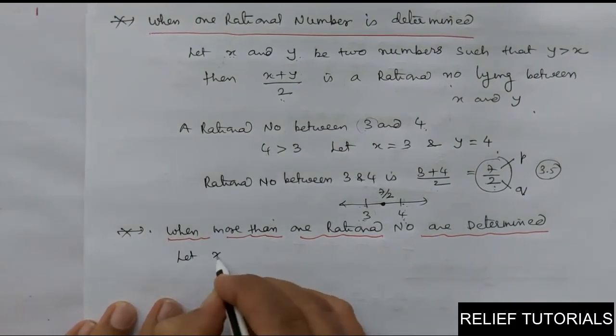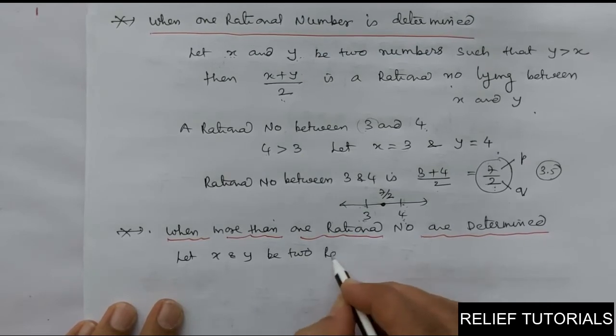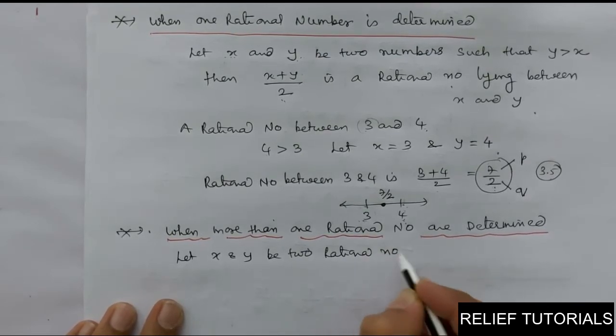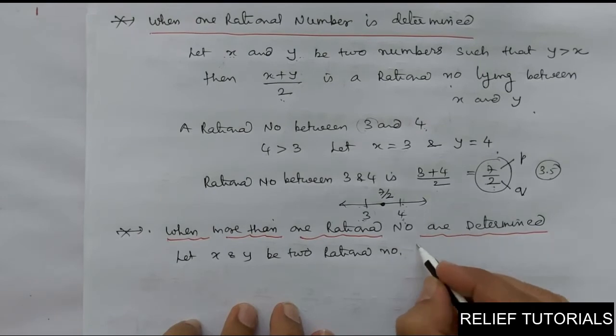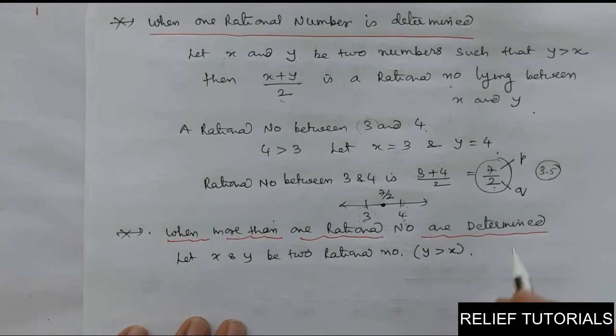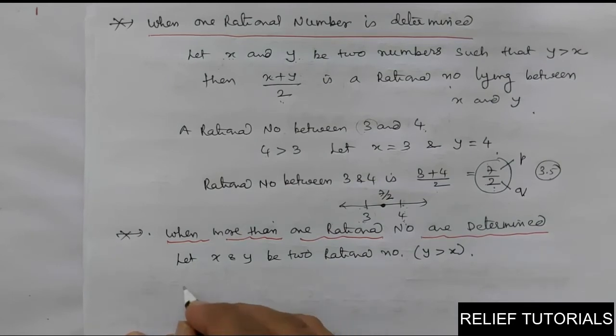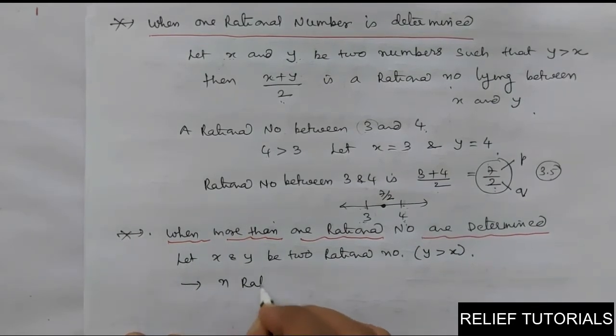Let x and y be two rational numbers, and here you know y is greater than x. We want to find n rational numbers between x and y. How many n? I am not giving a particular number like 5, 7, 9, 12; just n. We want to find n rational numbers lying between x and y.